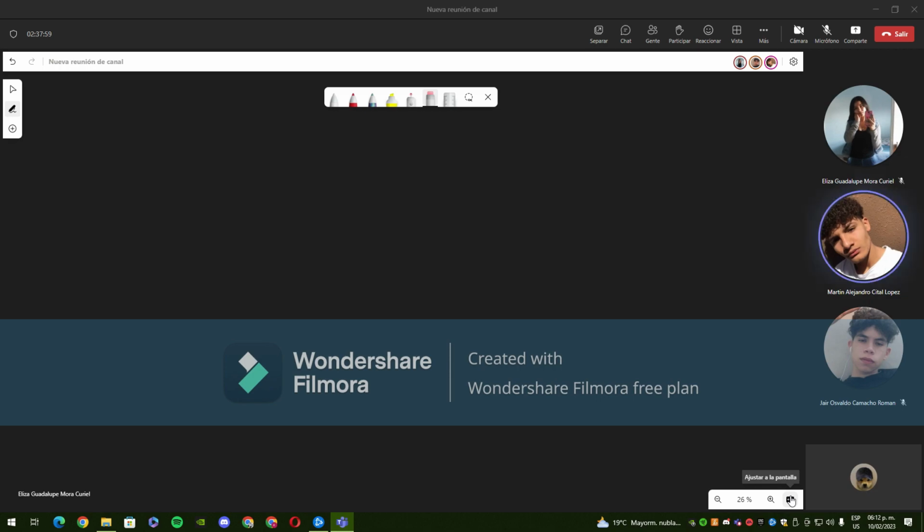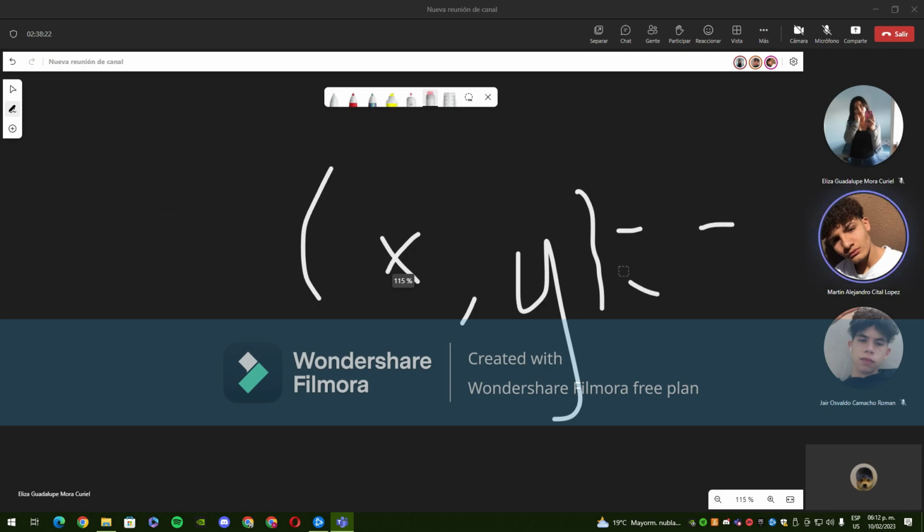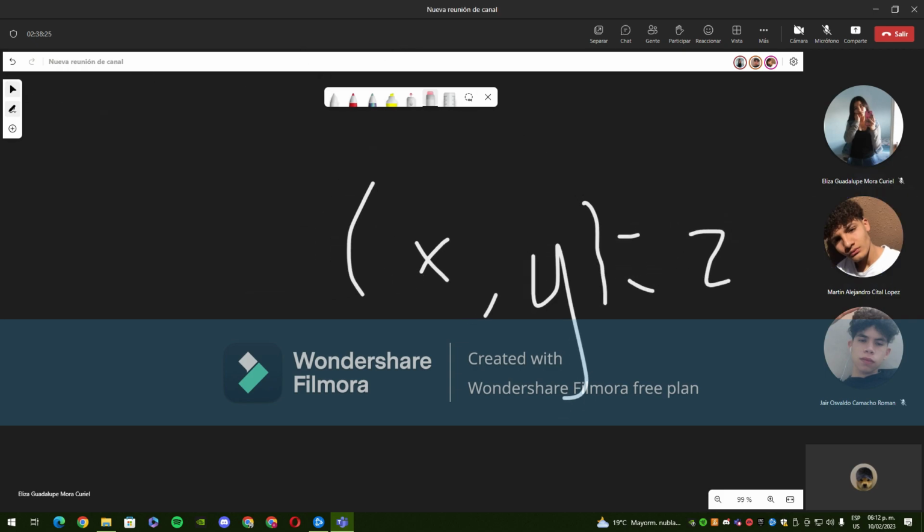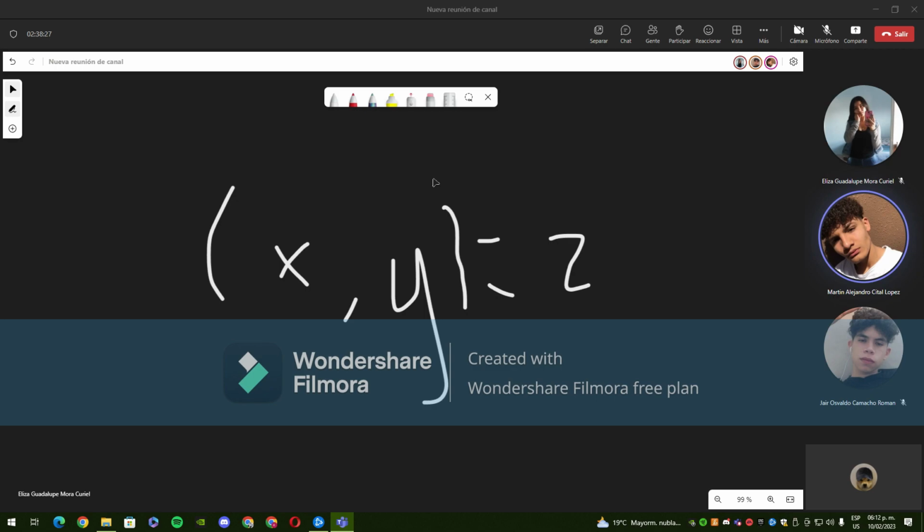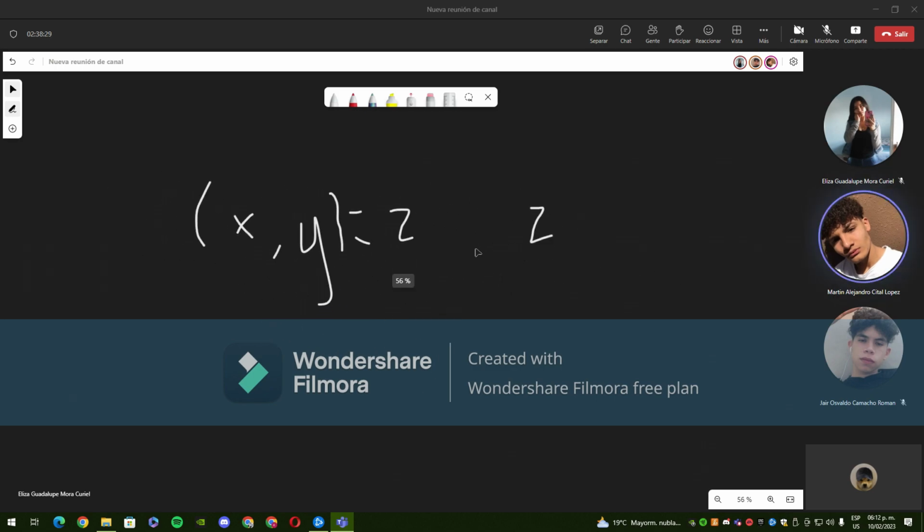To determine the level curves, it's necessary to know the formula, which is that f(x, y) is equal to c, and c is equal to a constant.